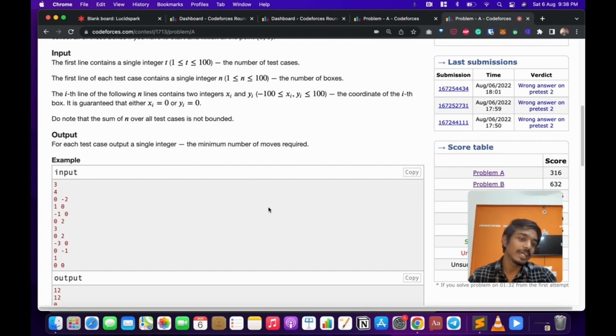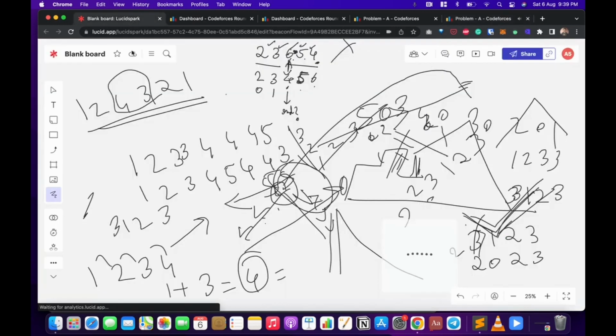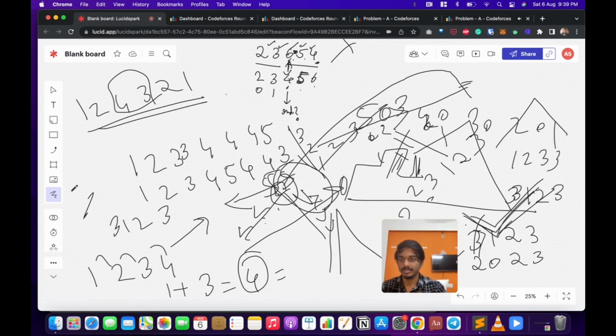So see, if it's that easy, then they might have given higher powers, right? 10 power 5 or 10 power 9. They may not have to give 100. So there should be some reason that they have given this number. We'll just keep drawing something.